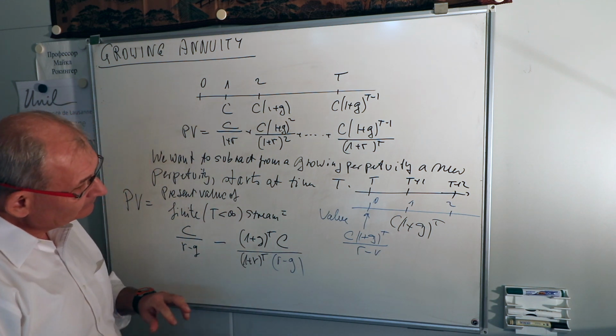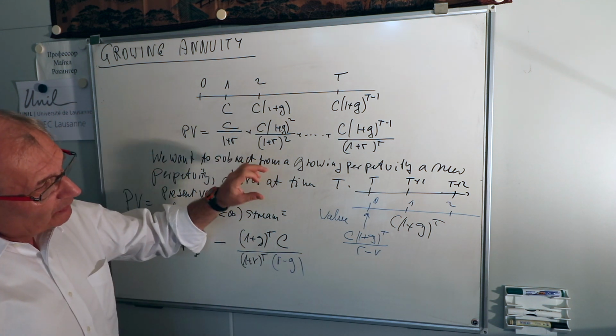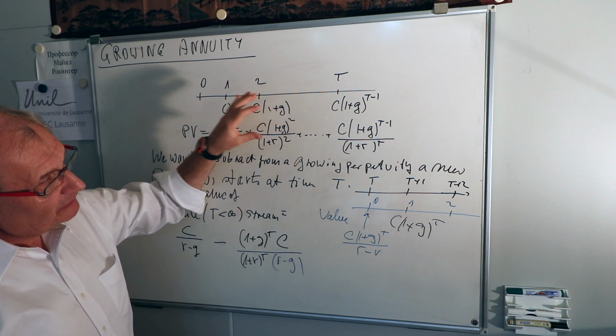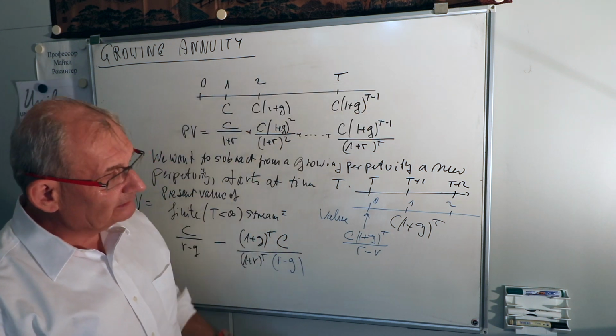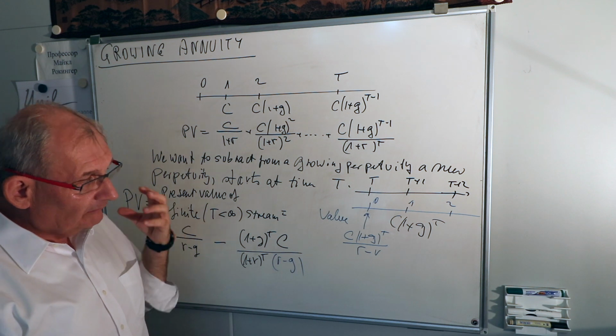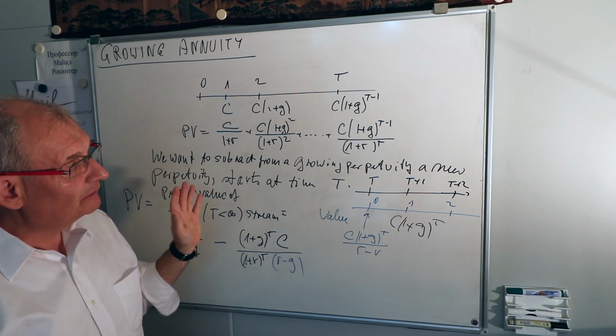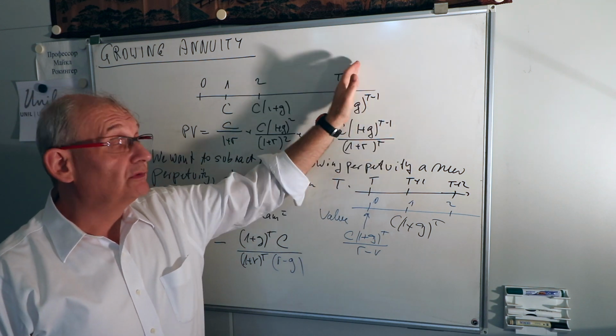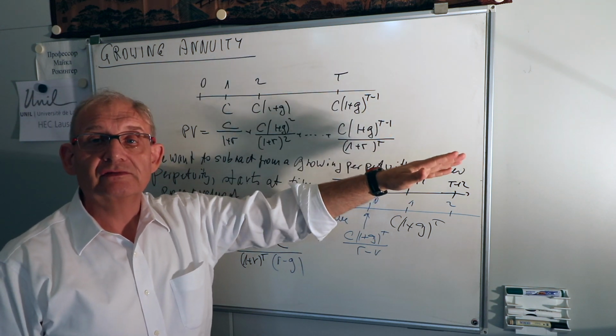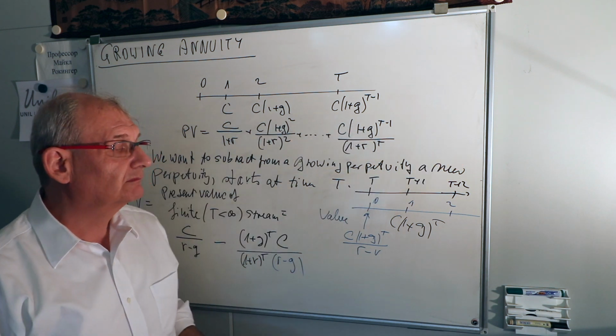I repeat, I'm going to have a first perpetuity which is growing till infinity, so the terms would continue in my thought experiment. It goes to infinity, but given that I have only a finite stream up to time T, I need to subtract all the cash flows that start at time T plus 1.